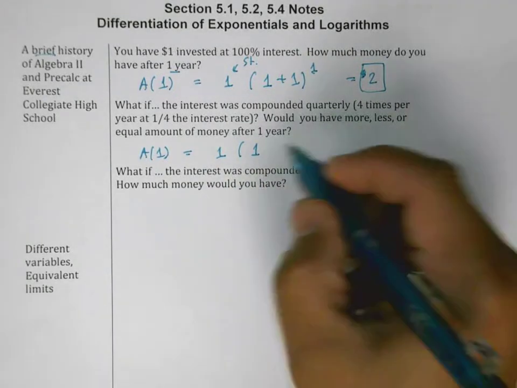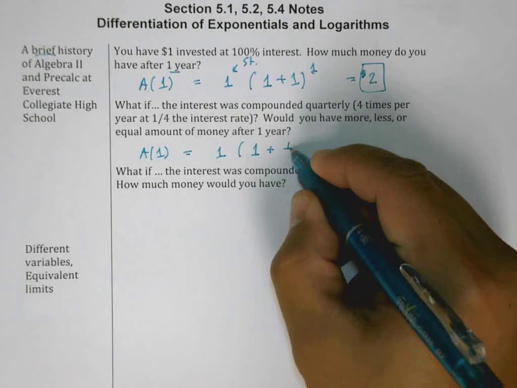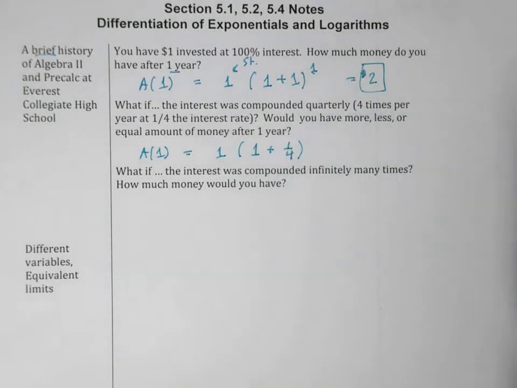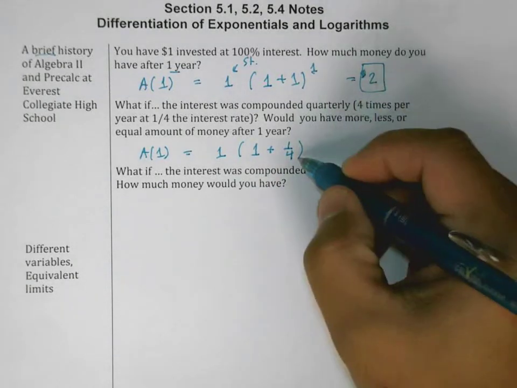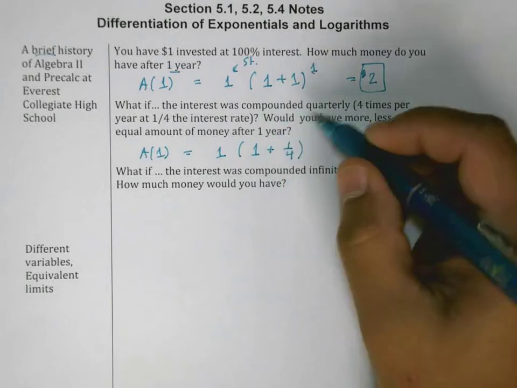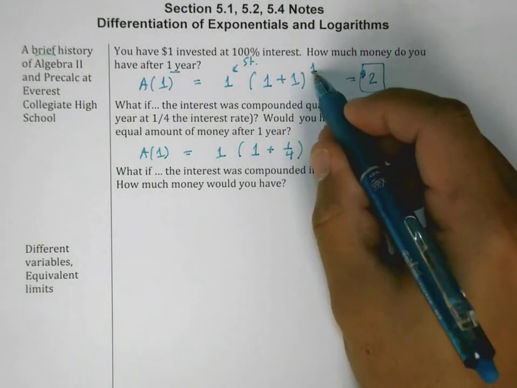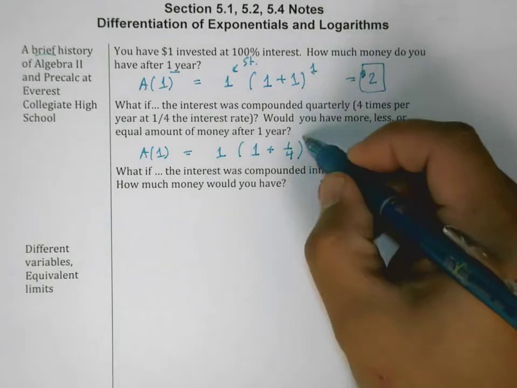But rather than gaining another 100%, you only gain 1/4, or 25%, and the offset to that is that instead of getting a compound once per year, you get it compounded 4 times per year.